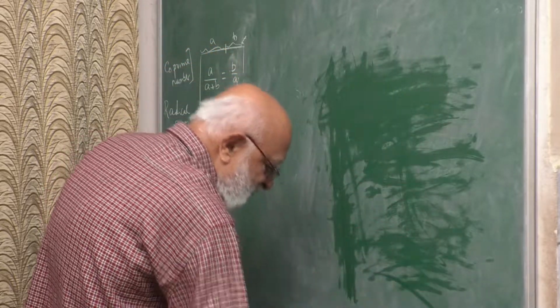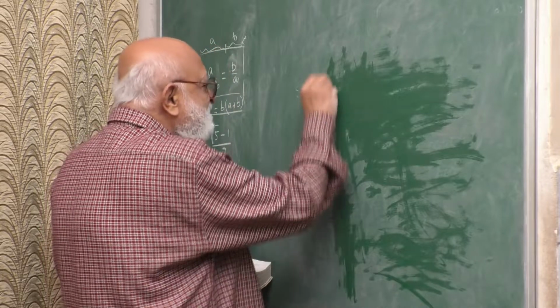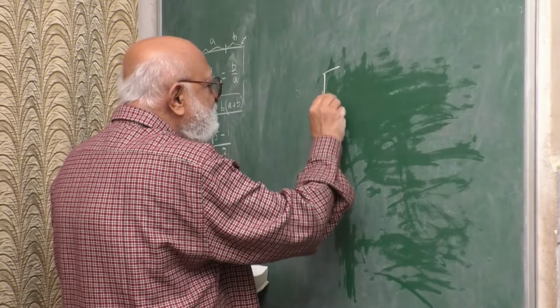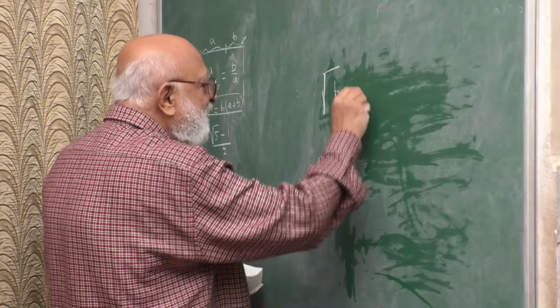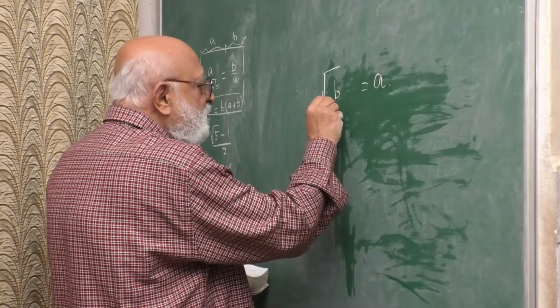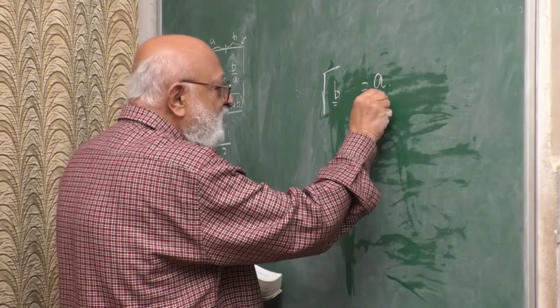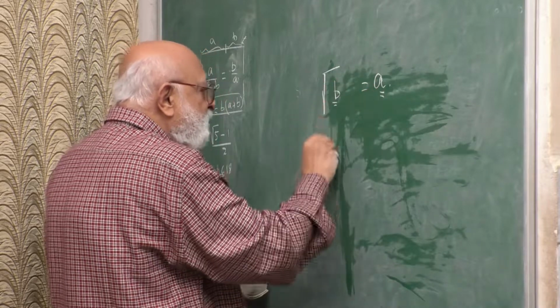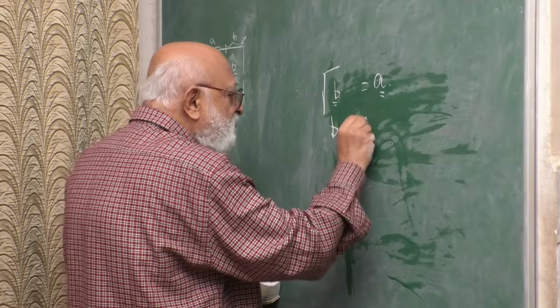Let us write it. What is the operation? If this is the square root of b and that is equal to a, then if I square this side, b would be equal to a squared.